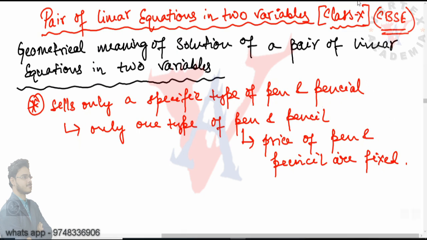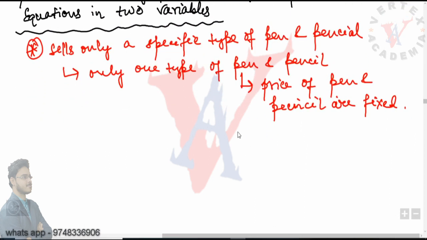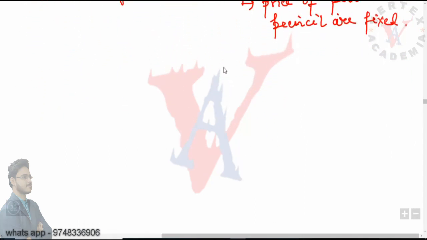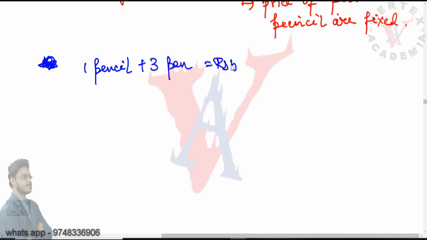Now you went to the shop, but in spite of telling you the price directly, the shopkeeper tells you the price in a different way. He says: one pencil plus 3 pens cost rupees 50, and 2 pencils plus 3 pens cost rupees 75.